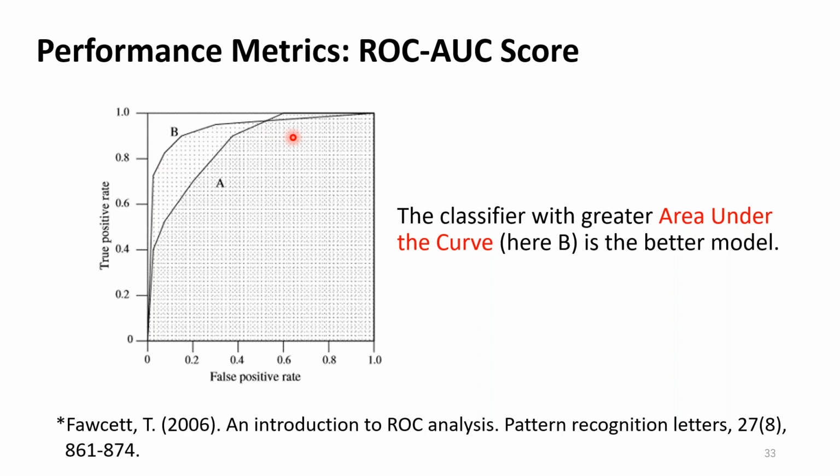And the AUC score represents the entire two-dimensional area underneath the ROC curve, this area. It can be high when FPR is low and TPR is high, like this curve. Therefore, the higher the AUC score, the better the model is. In general, 0.88 is a good value for the AUC score.